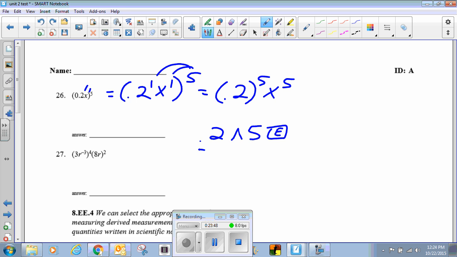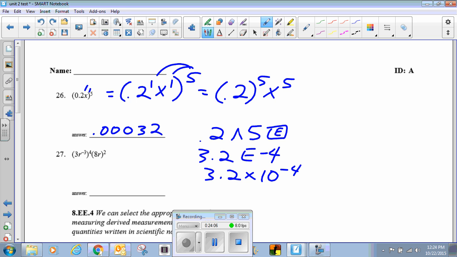And this is what I get. If you don't know what that means by now, you should miss the problem. Because you should know that's 3.2 times 10 to the negative 4th. That's what this whole test is all about. And that just means I need to move the decimal 4 places to the left. And that will be that.